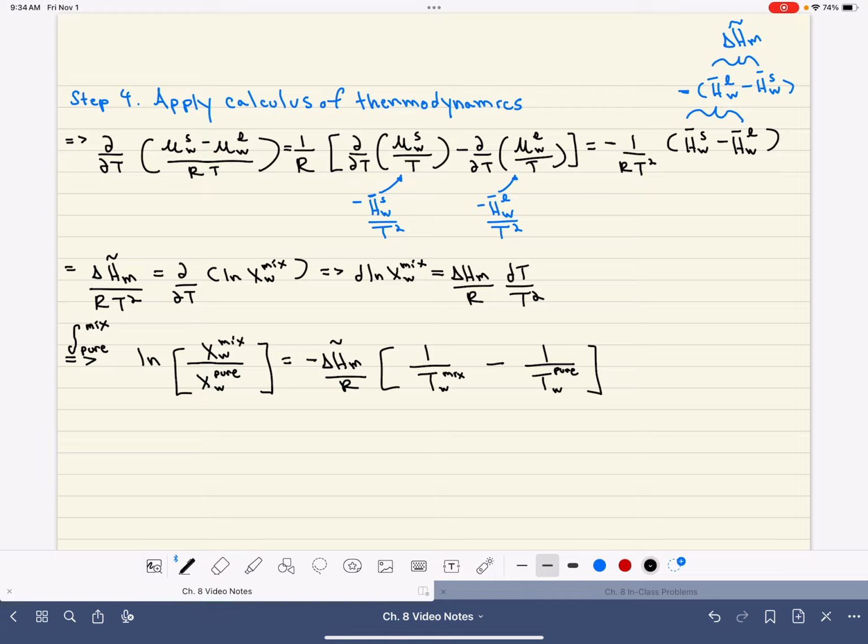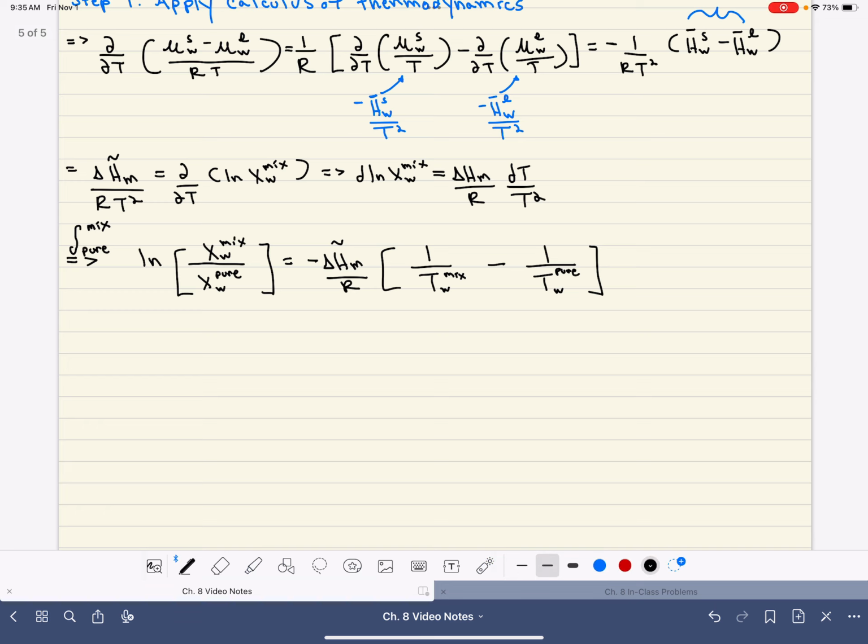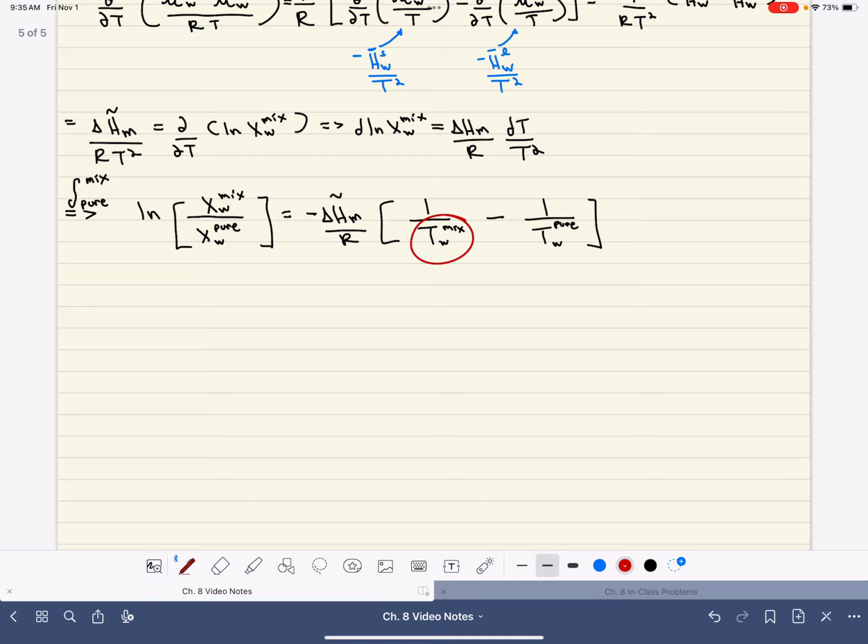Okay. All right, so now what we did is we can now relate the mole fraction of water in the mixture to the temperature of the water when it's at equilibrium. Right? Okay? All right, one last thing. So in the end, we wanted to solve for this temperature here. So I'm going to rearrange.